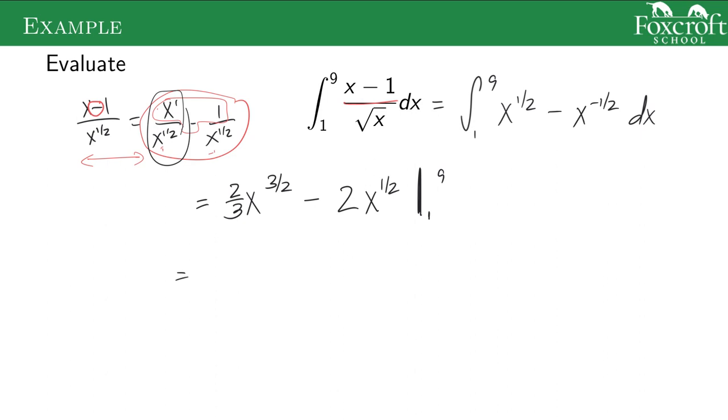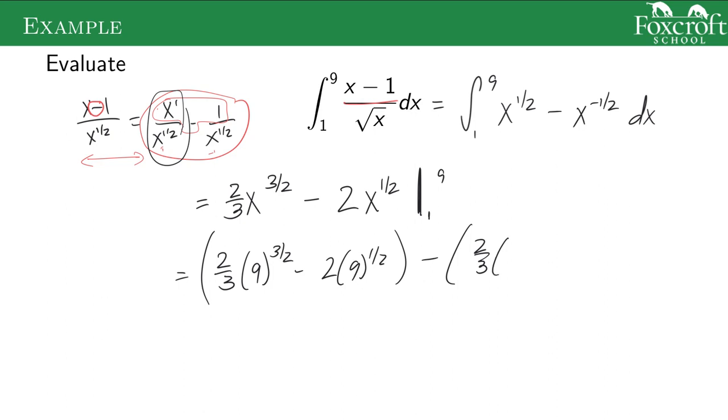Again, I'm going to plug in 9 for x first. I'm going to subtract when I plug in, oops, sorry, not 9, plug in 1, because that's the other bound. 9 to the 3/2 is going to be 27. 9 to the 1/2, the 1/2 is the same as the square root we used at the very beginning, so the square root of 9 is 3.